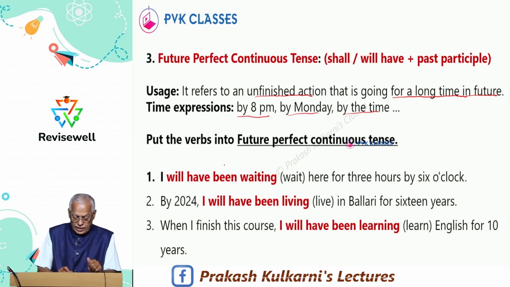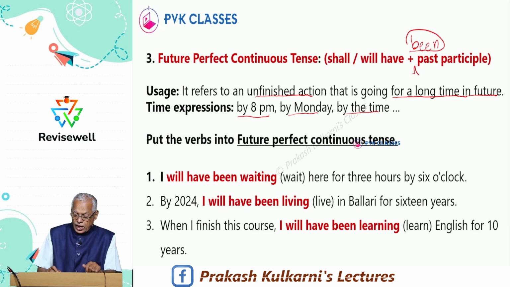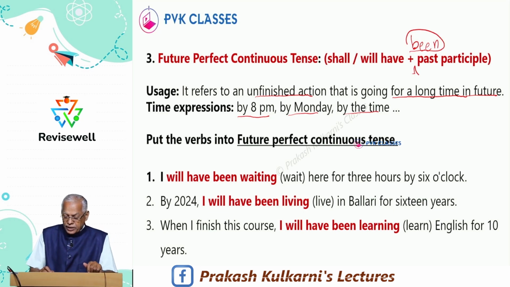Now here are the examples for you. Put the verbs into future perfect continuous tense. Please remember, in future perfect continuous tense, oh, it is missing here. Please see here. Been is missing here. Shall, will have been plus ing verb.